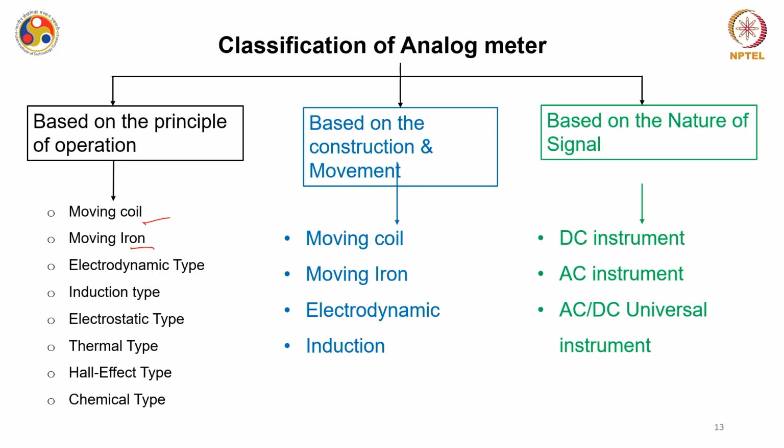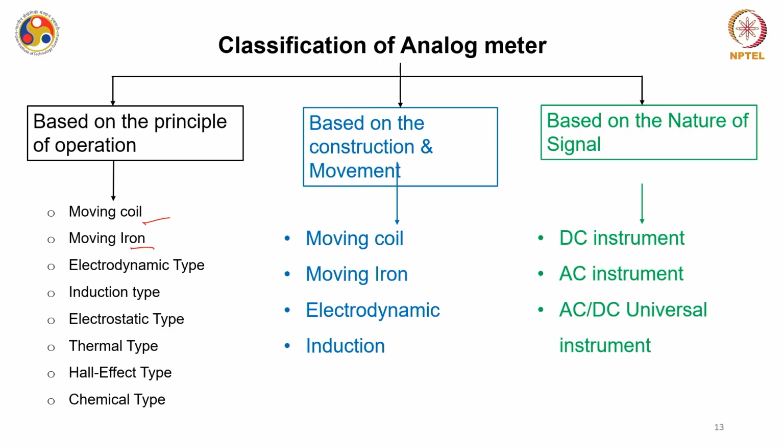You can have analog meters based on electrostatic forces. So you have electrostatic type analog meters. Similarly, you have thermal type, Hall effect type, as well as chemical type analog meters. Now, these are all based on the principle of operation.